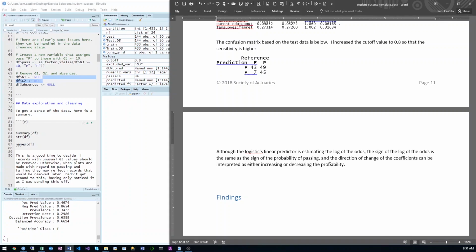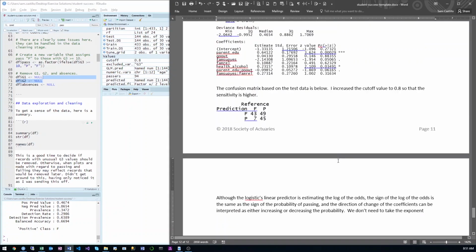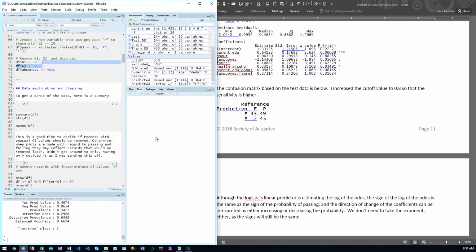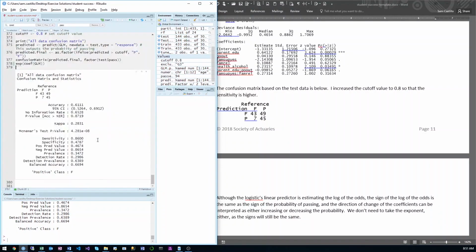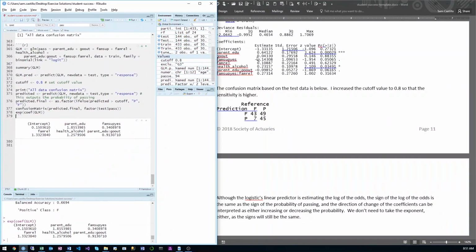We don't need to take the exponent. Wait, let me rephrase this. The signs will still be the same. What I mean is that if you take the exponent of the GLM coefficient, it will just give you the exponent of the coefficient, which is the relativity factor, if you will.